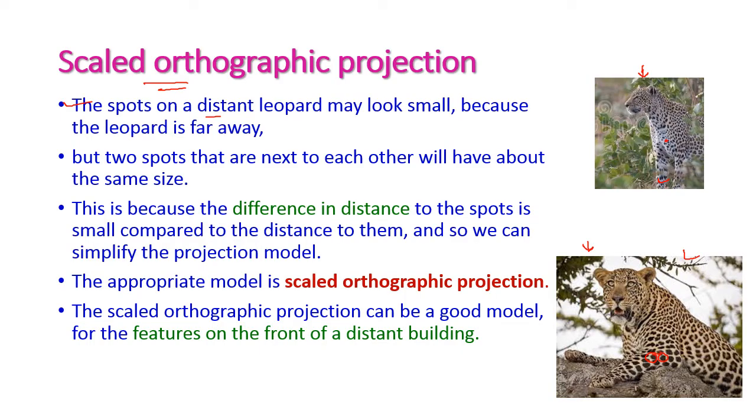At the same distance they appear similar, but the spot on this leopard and this leopard seem different only because of the distance. Because of the difference in distance, the spot is small when compared. So this is called scaled orthographic projection.